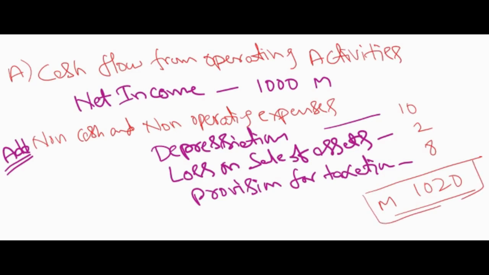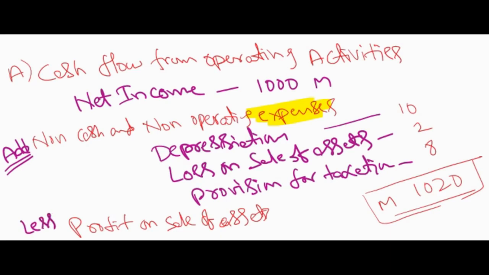So next what we should do, we should go for non-cash and non-operating incomes. So now we have seen expenses. Next we will see incomes. Let's say you have profit on sale of assets, right? So this we need to reduce here because we added it in the income statement.